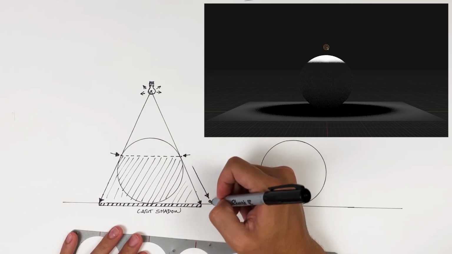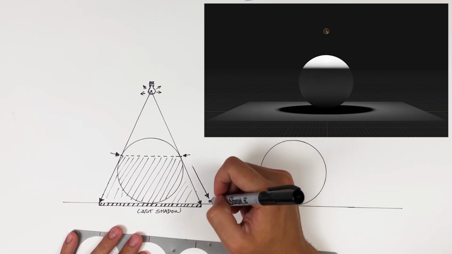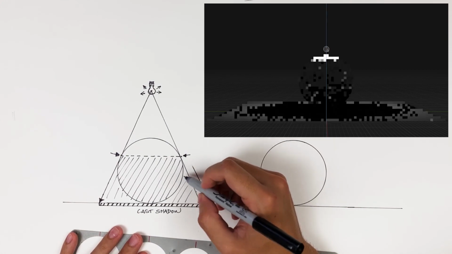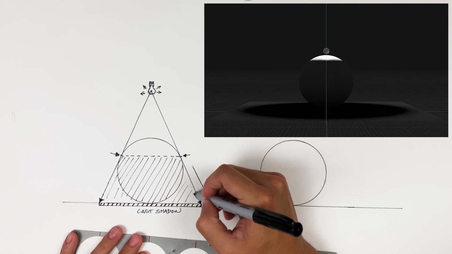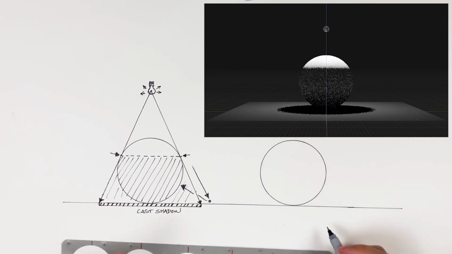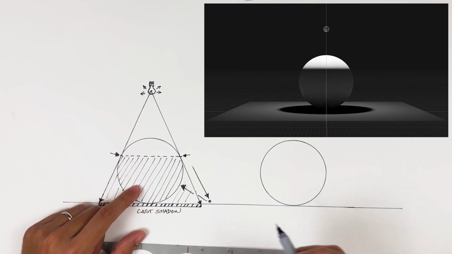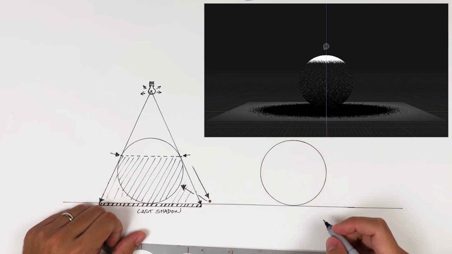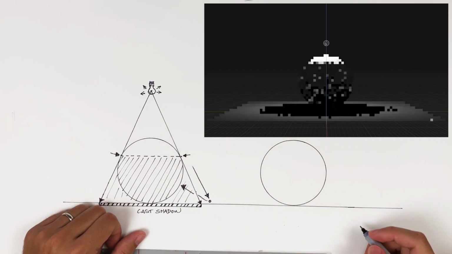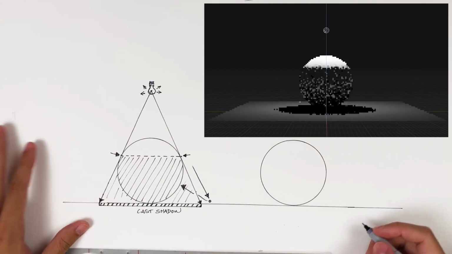So they're striking the table farther away from the subject, because the cast shadow is wider. And so they're losing more energy as the bounced light travels up to the ball. So another thing that happens in a point light situation is that the reflected light is less intense than the reflected light in a directional light situation.